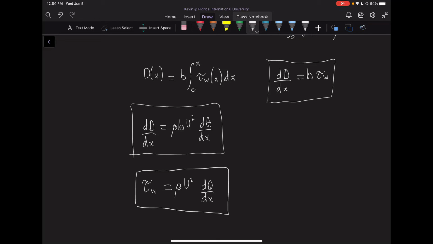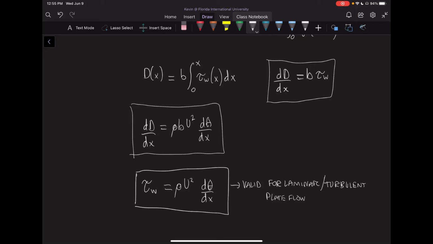And this is a valid equation for laminar and turbulent plate flow. So that's boundary layer theory derivations to some extent, by combining the equations for the drag force or the momentum equation along a velocity profile.